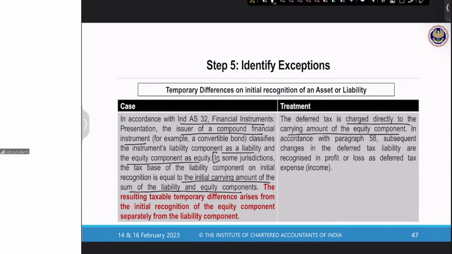Sir, iska matlab kya hua? What is the meaning of this? Tax base was how much? 20 lakhs. What is 20 lakhs? 151,877 plus 1848,122. What is this? This is the equity component and this is the liability component.